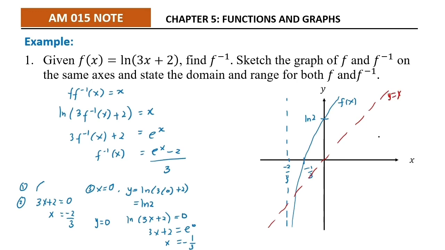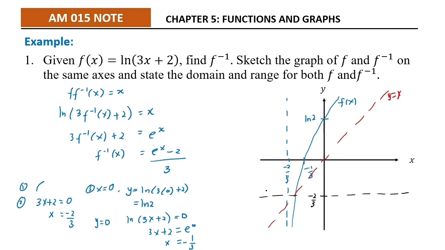F inverse will have an asymptote at negative 2 over 3. Here is the asymptote. And it crosses at negative 1 over 3 and ln 2.